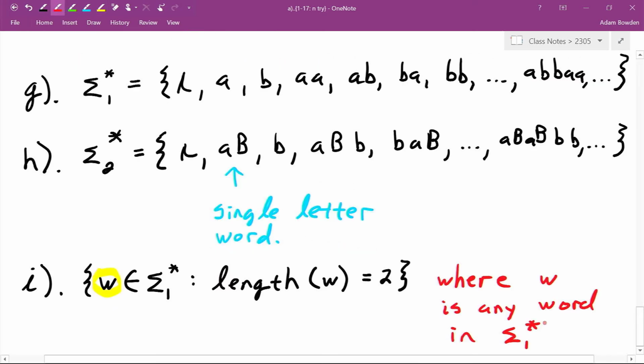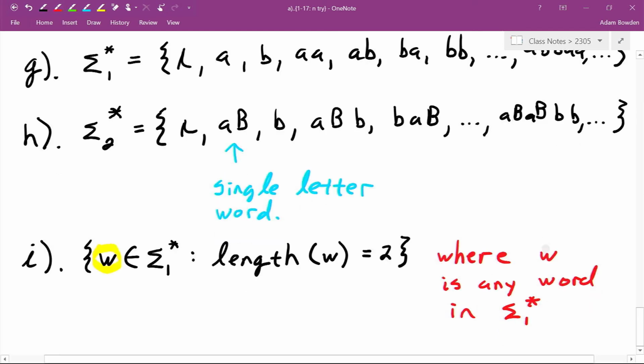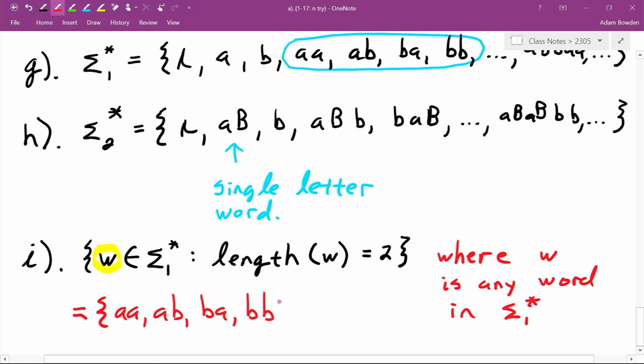What this set will contain are just the words of length 2 with 2 letters. And if we look at the setup above, we can actually see the words that contain 2 letters. There's actually only 4 of them: AA, AB, BA, and BB are the 4 different ways of putting together the 2 letters here. So this set would be the set containing AA, AB, BA, or BB.